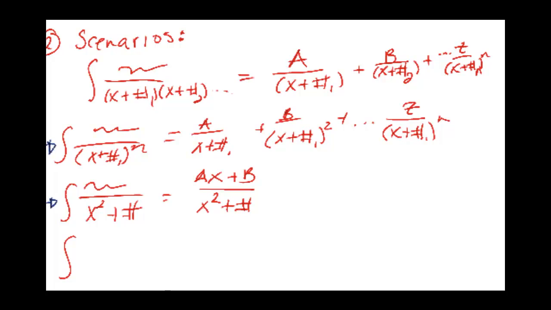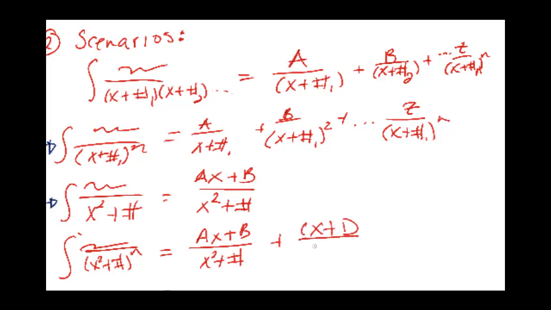And that's if you have a quadratic term with a repeated root. So here we would do ax plus b for the first root, cx plus d for the second root, and yx plus z, however many there are.